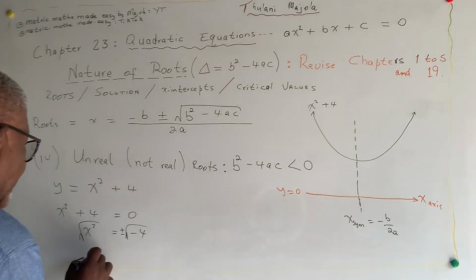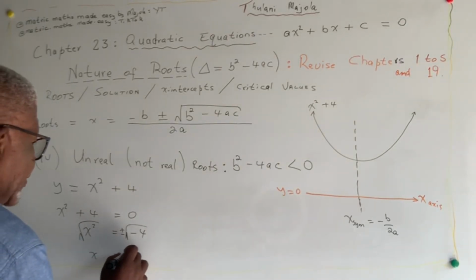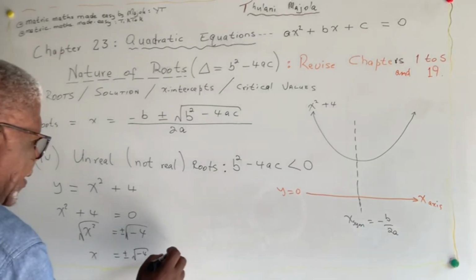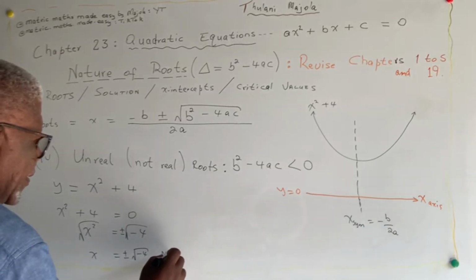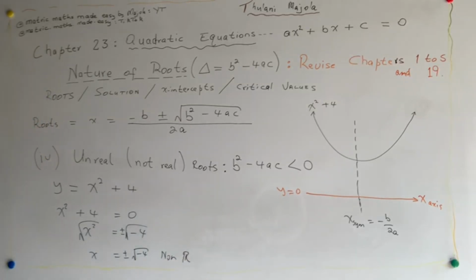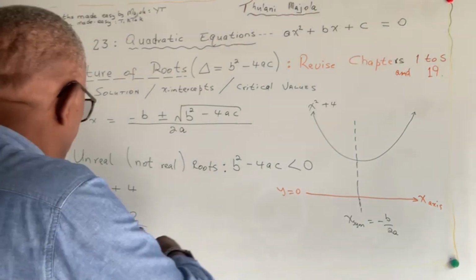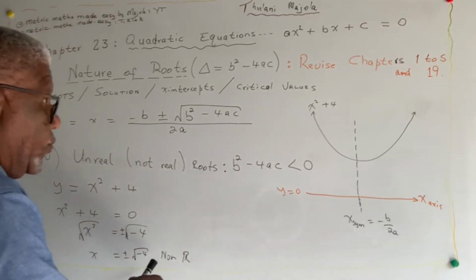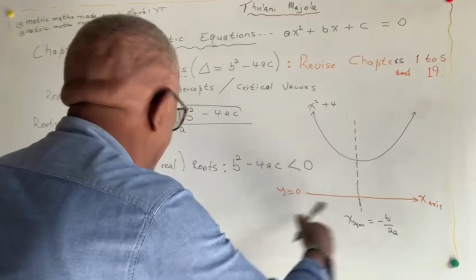So x equals plus or minus the square root of negative 4, which is non-real, or unreal. So your roots are not there.